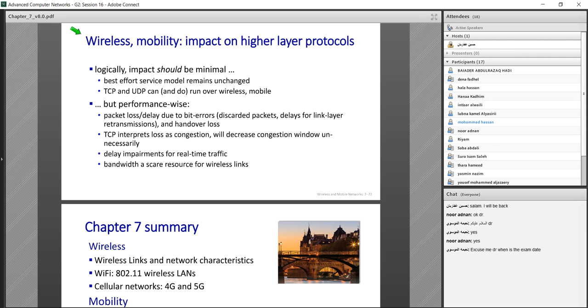So we have to minimize this effect. It means that if I try to handle the mobility of devices, the upper layer protocols should remain unchanged, should remain as in the past.